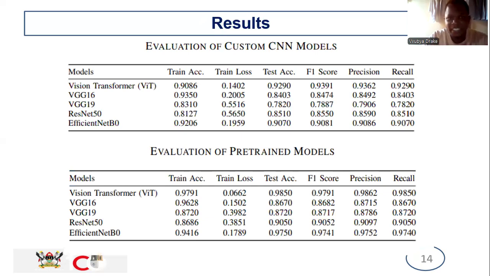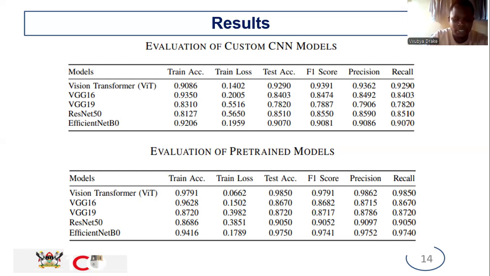So these are the results we got. First, we trained before transfer learning. Those are the custom CNNs. And Vision Transformer, which is not a CNN model, performed better than all other models. Majorly, its high performance is due to its self-attention to capture global dependencies and relations.